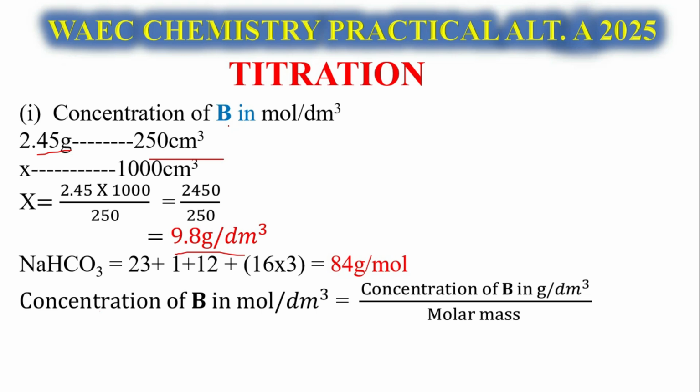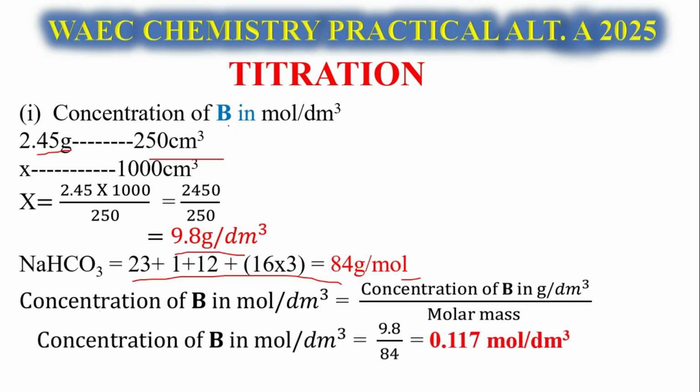By now you should know how to calculate the molar mass. I told you that anytime you are calculating molar mass, your unit is gram per mole. Very, very important. 1 mark is not a joke when it comes to chemistry, so don't play. The concentration of B in mole per dm³ is 9.8 divided by 84, which gives us 0.117 mole per dm³ of B.